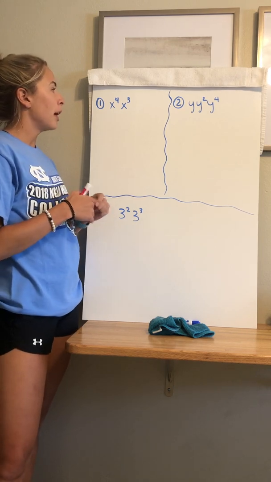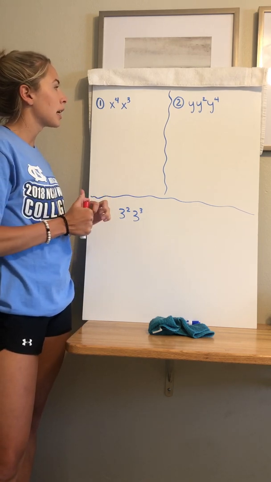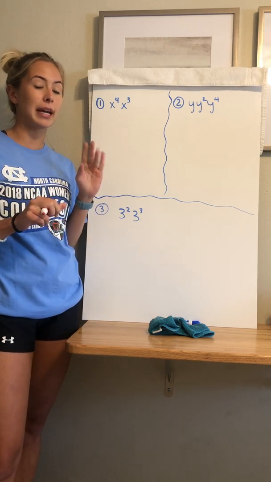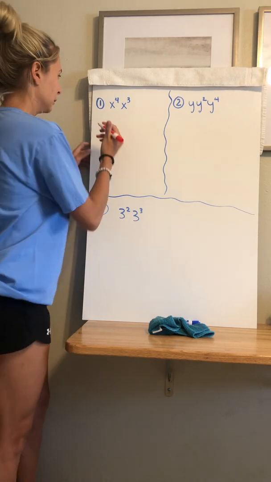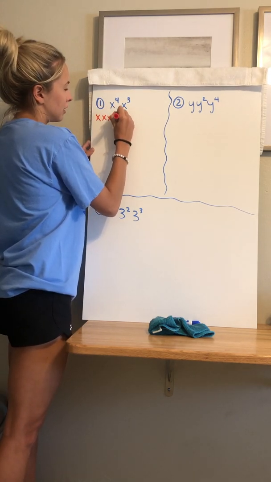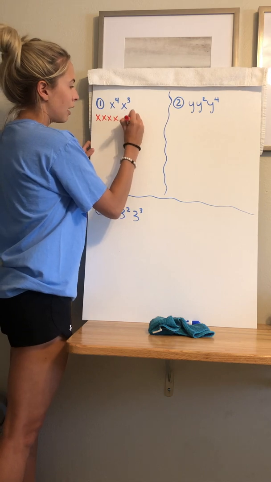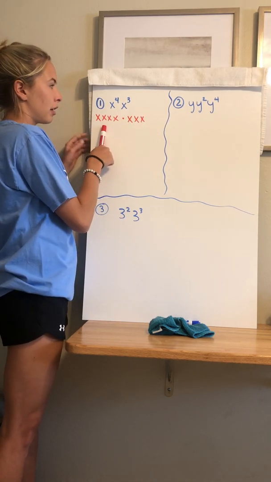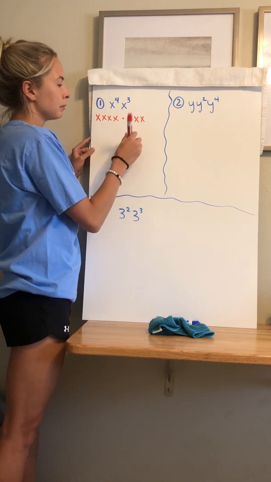Looking at problem 1, we have x to the 4th times x to the 3rd. First I'm going to go through this by expanding it, and we'll see what we get. Expanding it, we have x times x times x times x times x times x times x. So we have x to the 4th multiplied by x to the 3rd.